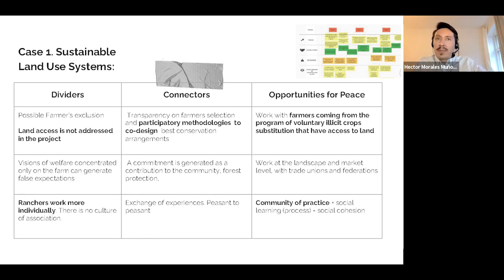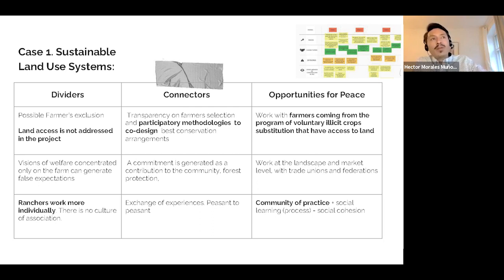when participatory methodologies and the co-design of the conservation agreements were put in place, there was an increase in the trust in the project, and the people were more committed to exchange knowledge and also experiences with other peasants.